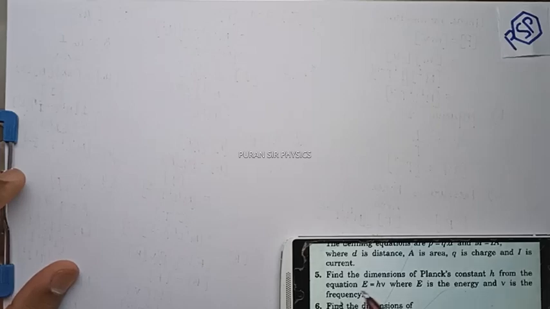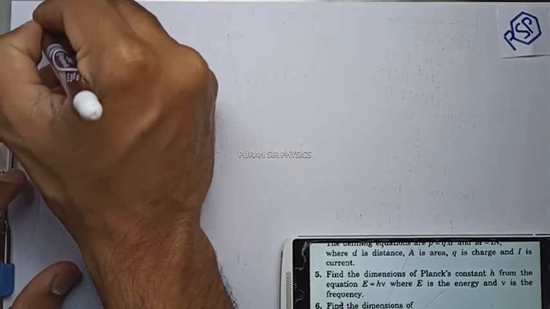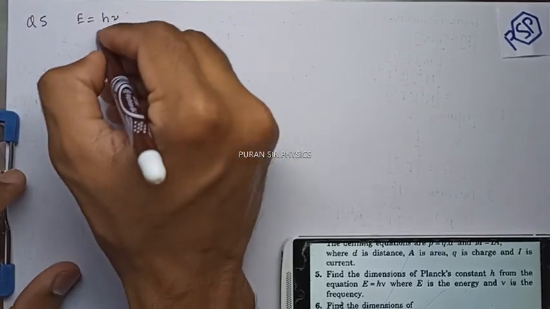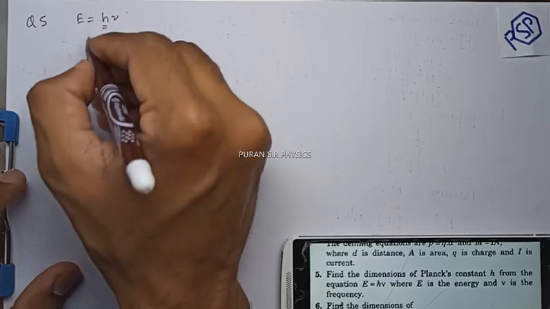In question number 5, find the dimension of Planck's constant h from the equation E equals to h nu, where E is the energy, nu is the frequency. So we have to find the dimension of h.